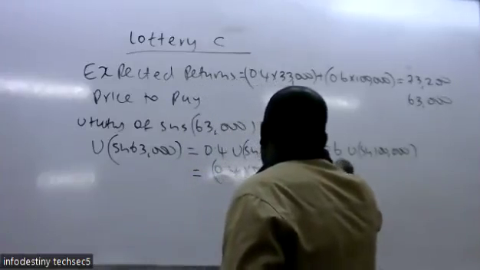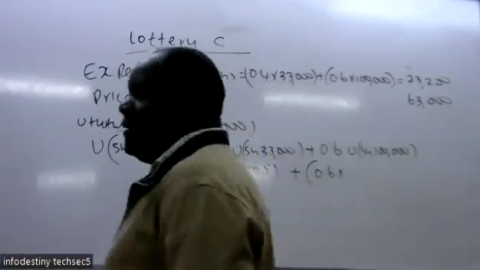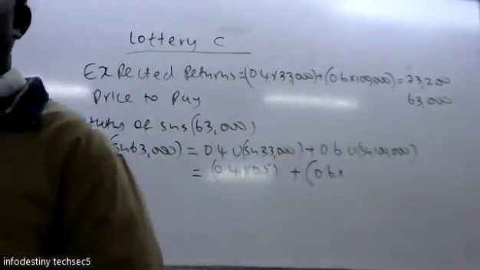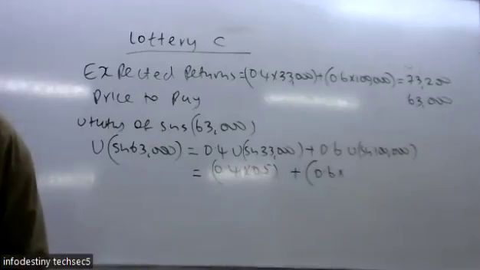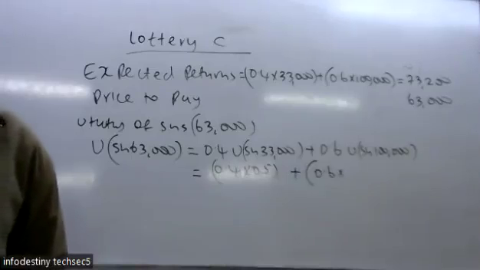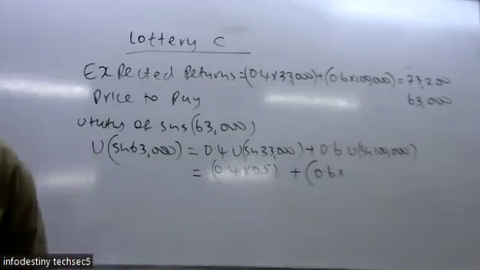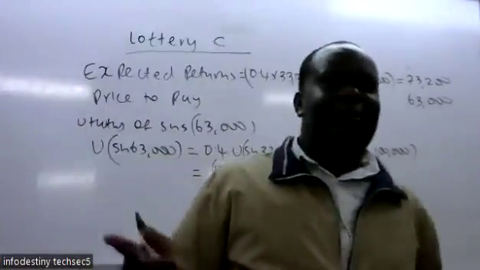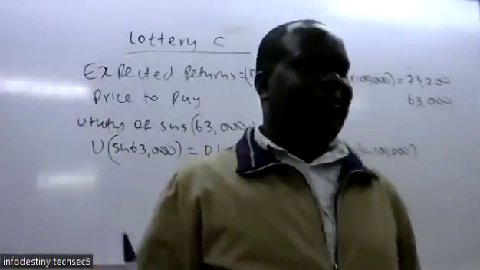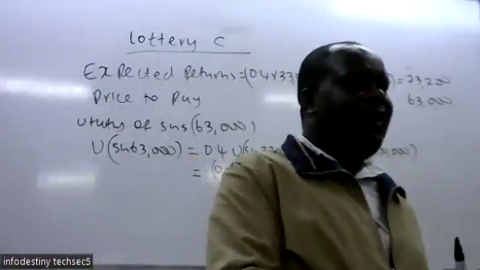Also in lottery A, there is a place he received 100. We gave him how many utites? When it was 100, we gave him 1. So there was a probability of 0.5 of receiving 0 and a probability of receiving 100.